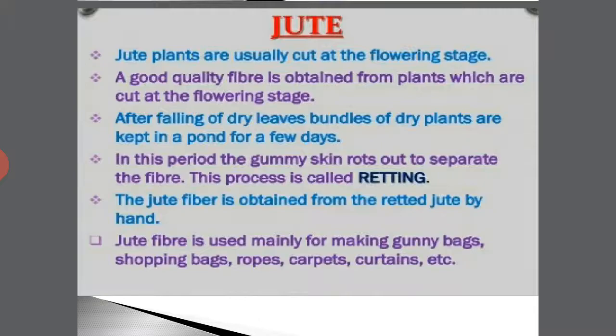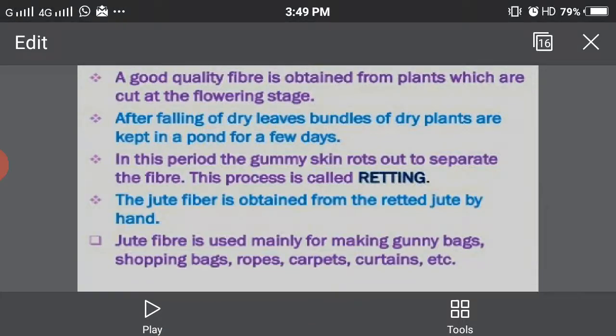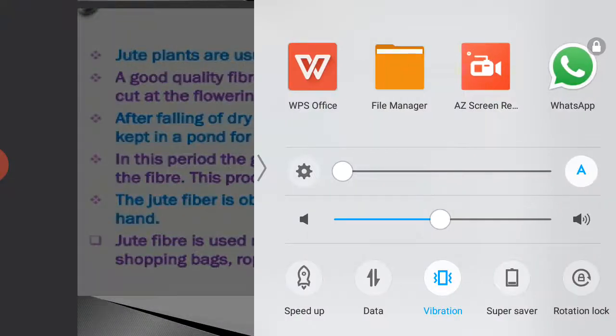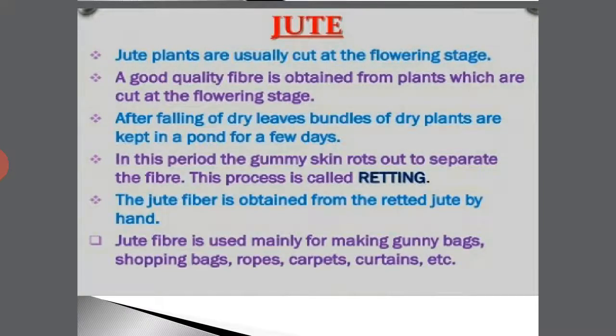The process is called retting. The jute fiber is obtained from the retted jute by hand. It is done manually. Jute fiber is mainly used for making gunny bags, shopping bags, ropes, carpets, curtains, etc.